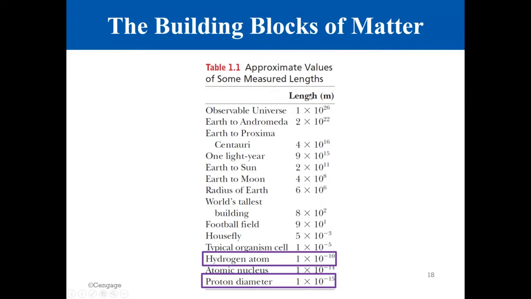You see the unit used for length is the meter. The size of the hydrogen atom is 10 to the minus 10 meter. The size of the proton is 10 to the minus 15 meter. So it is always good to be able to use this approximation when you describe things.